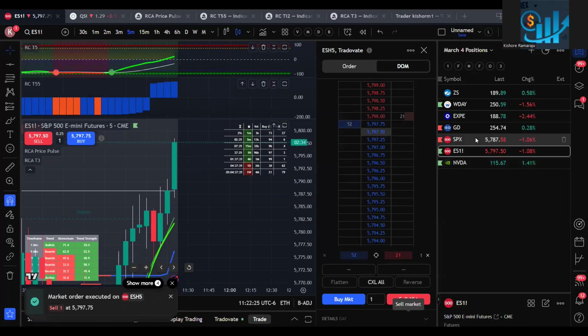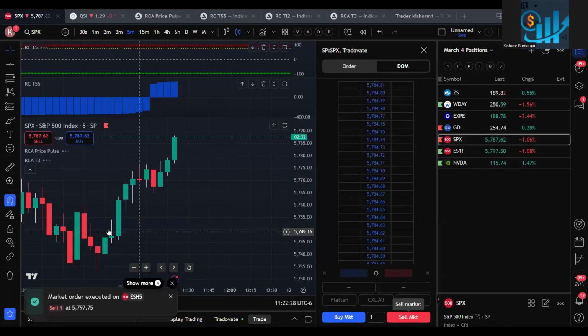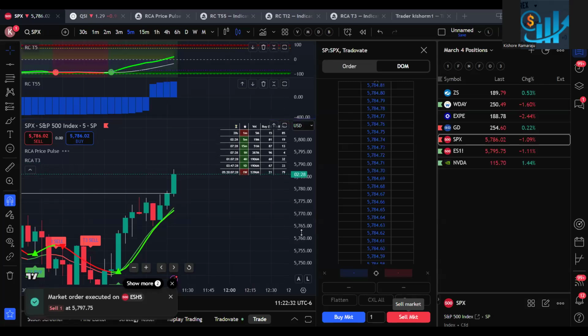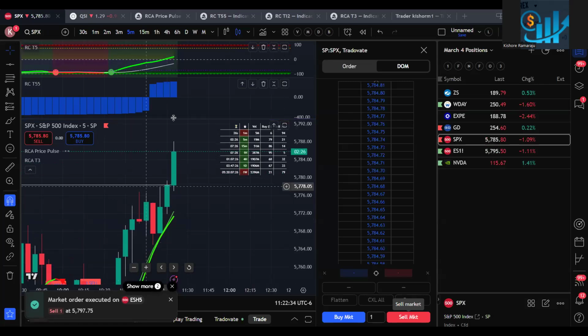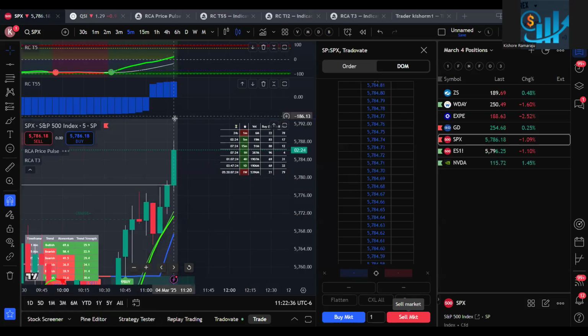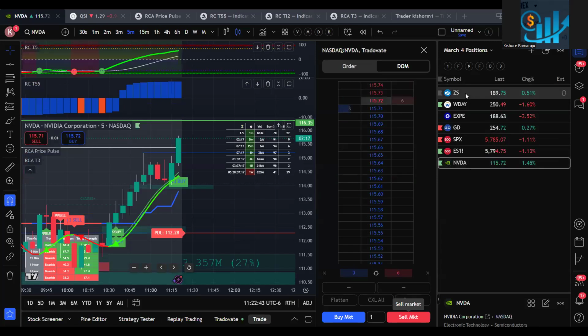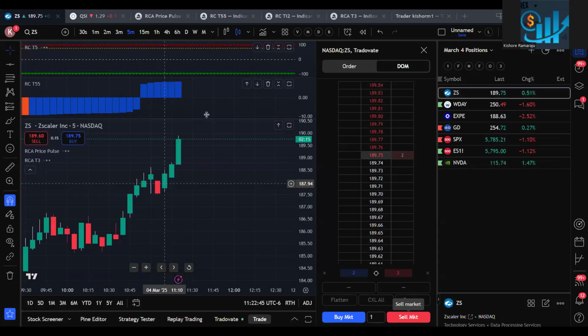Your SPX is moving huge. Your SPX bull puts or SPY bull puts, QQQ bull puts, whatever you have taken, everything is moving huge. Your GD is moving good. Your NVIDIA is moving good. Your ZS moved so good.